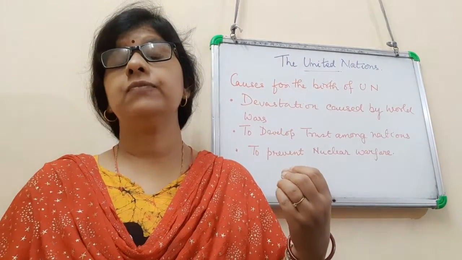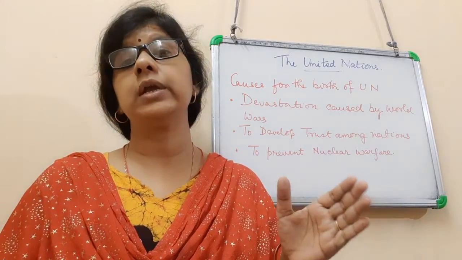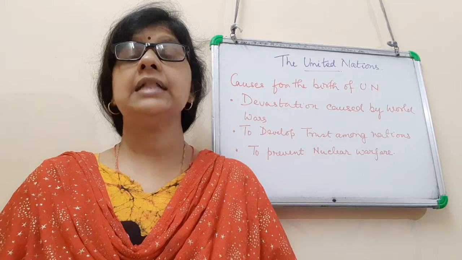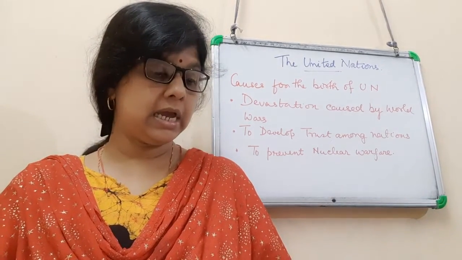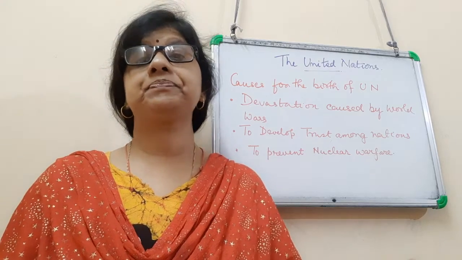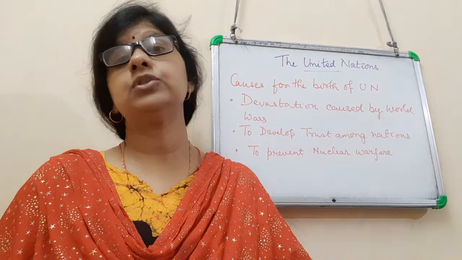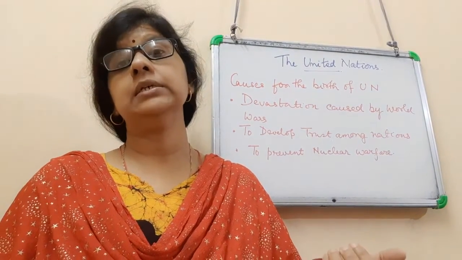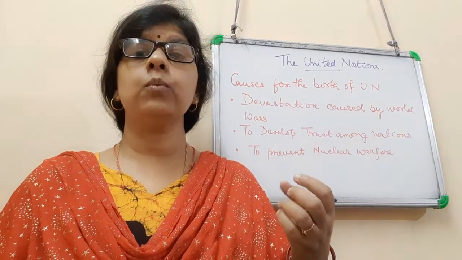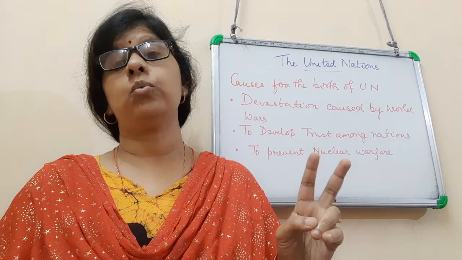The First World War ended in 1918, and the Second World War started in 1939. That means that's only 21 years. Within a span of 21 years there were 2 major world wars.